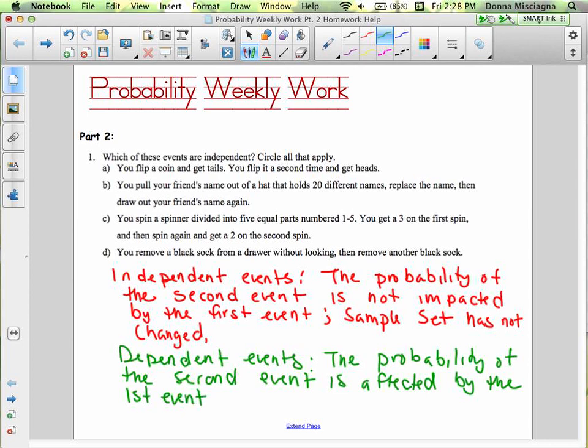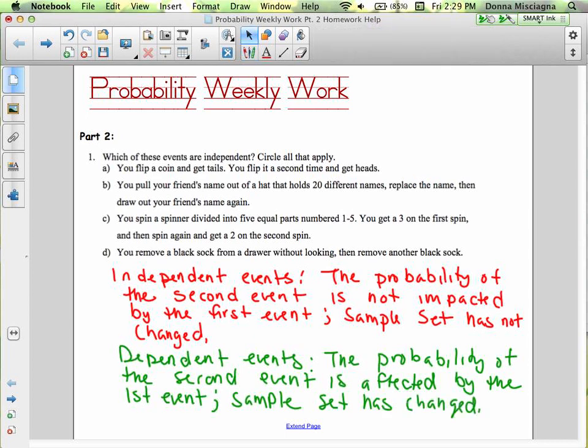In other words, the sample set has changed. Total number of outcomes has changed. Maybe the total favorable outcomes has changed. So the sample set has changed. All right, and so that's the criteria you can use to determine independent and dependent events.